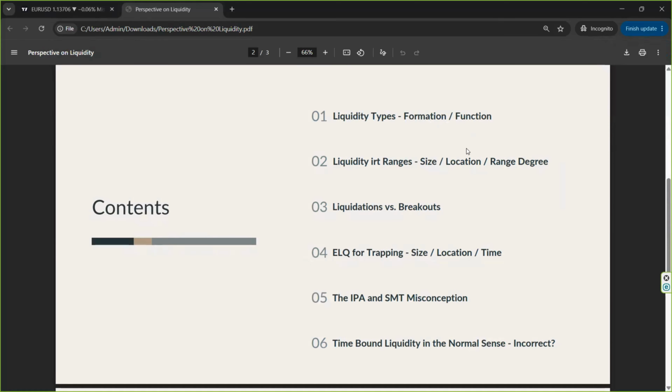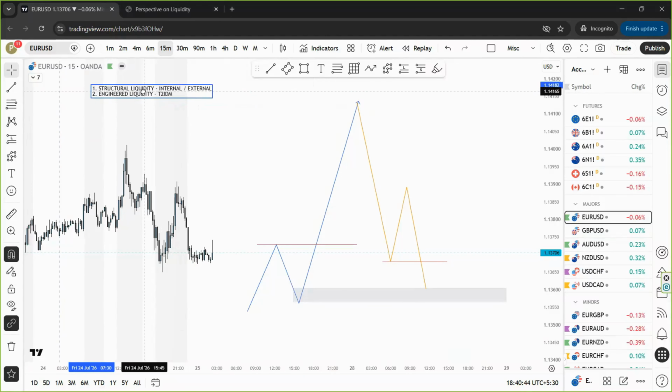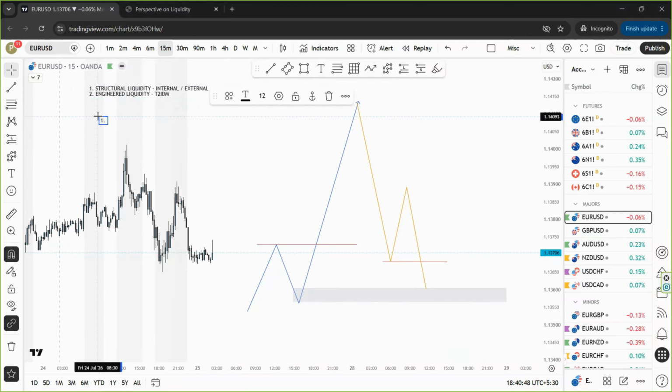And then we can describe liquidity based on function. And when we consider liquidity based on function, that would be either as major liquidity, or trapping liquidity. Any of the three structural liquidity types, so basically based on formation, when we consider any of these three, they can act as major liquidity.